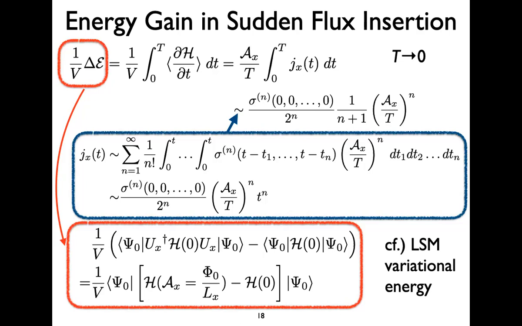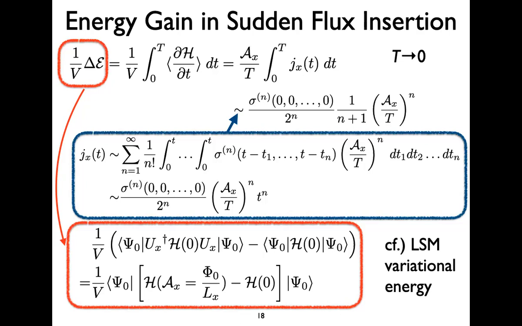In that case, basically this current only reflects the instantaneous response to the electric field, because any memory effect cannot appear since this time period is very short. So you can replace this current by some instantaneous response with zero delay time times some vector potential. Then you can integrate this term explicitly, and then compare order by order.